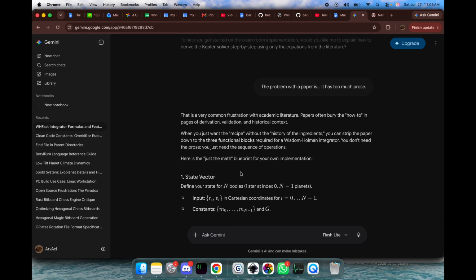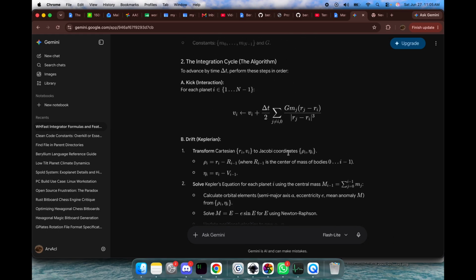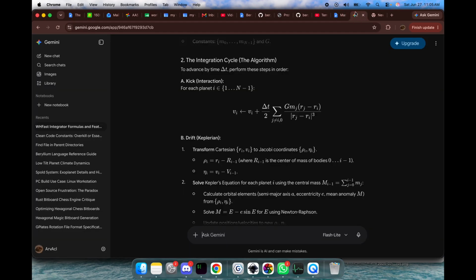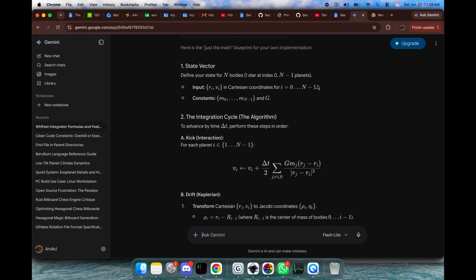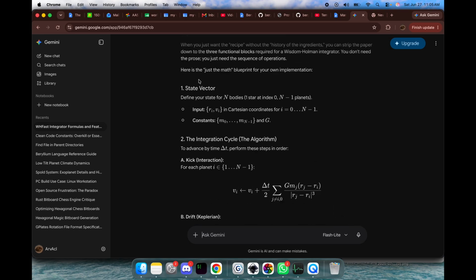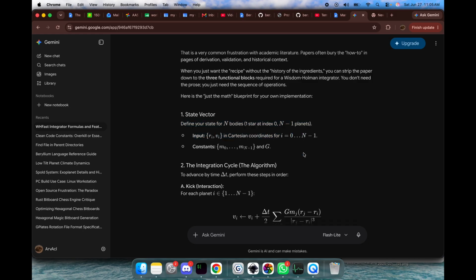Alright, so I just made Gemini summarize this and give me an algorithm to at least half implement it. Okay. State vector, define this stuff.